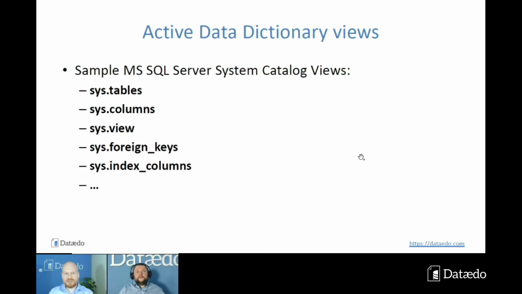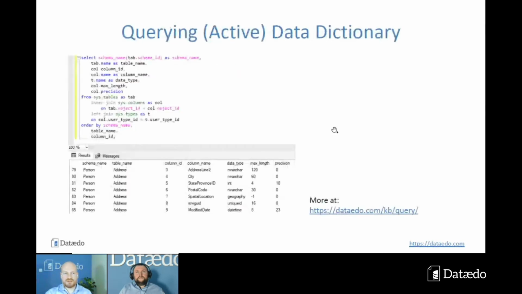So the data dictionary is basically a set of predefined tables and views that are present in all the databases by default. This is an example from SQL Server. You have a list of views that hold a list of tables, columns, views, and so on. There are like 50 of these kinds of tables or views. You can query it. That's something I mentioned before. You can write a query to see what tables and columns we have.